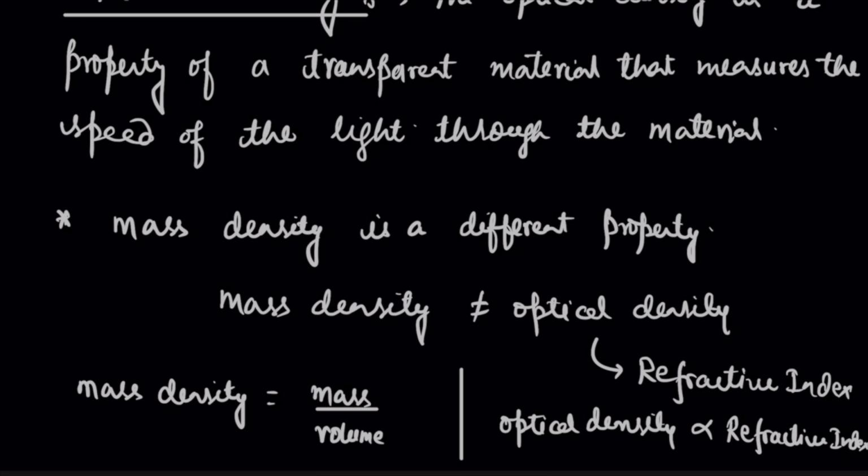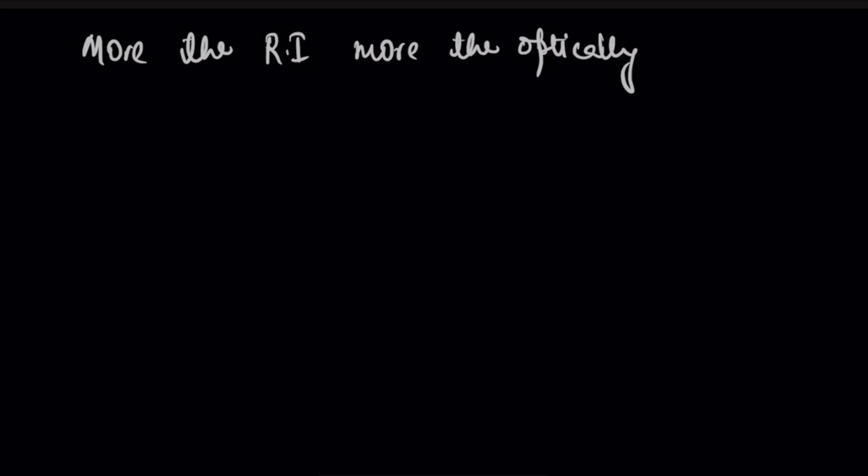The more the refractive index, the more optically denser the medium is.